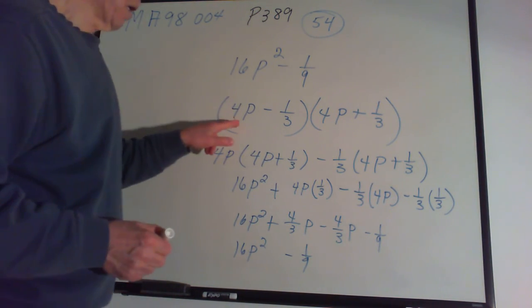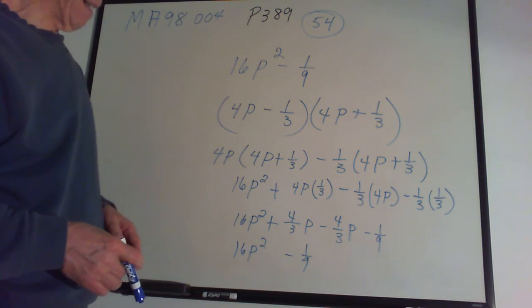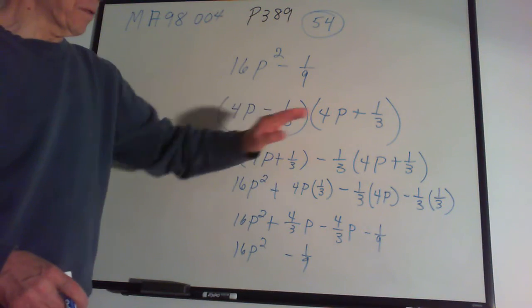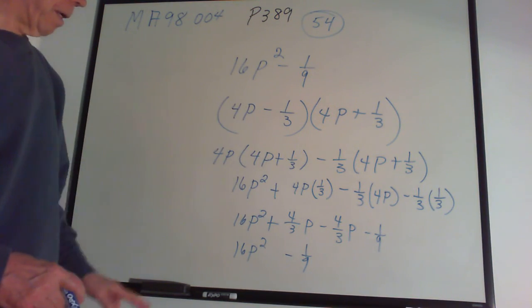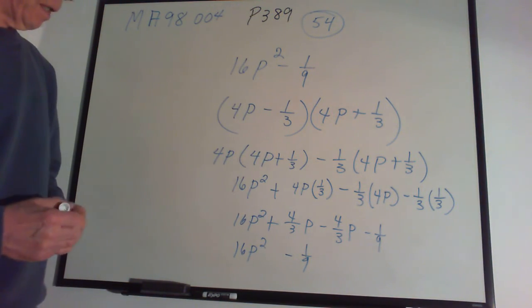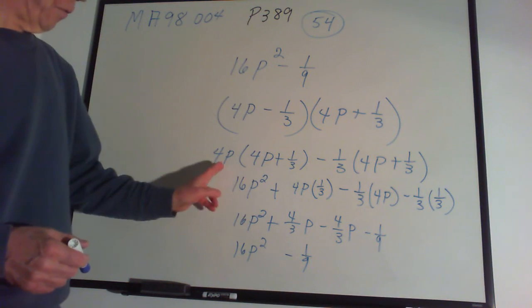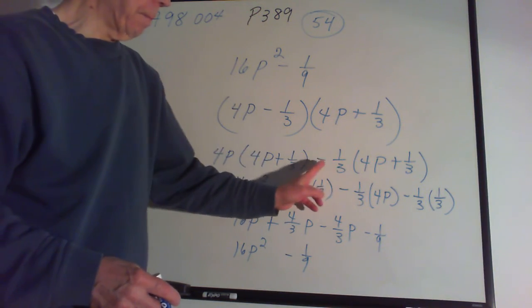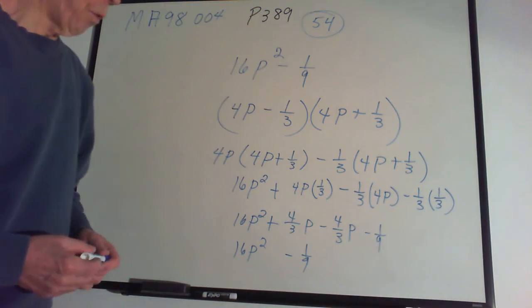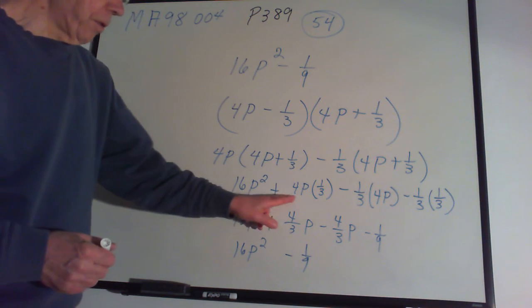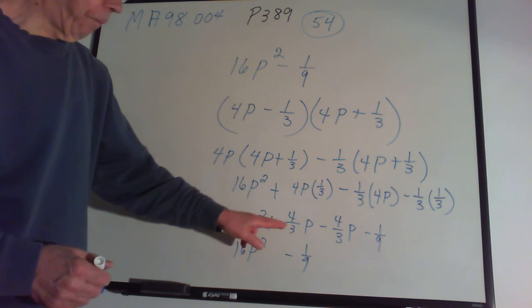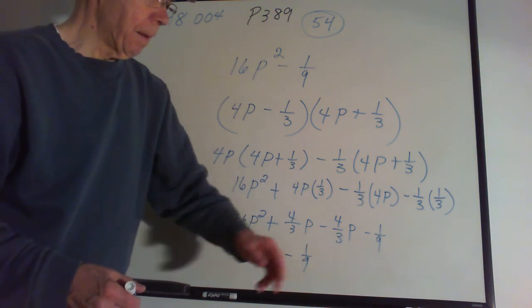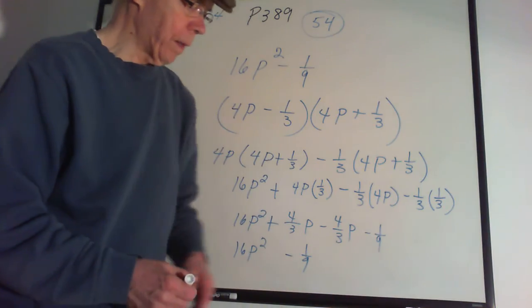All right, so this tells me the same thing. It's a mathematical sentence. It tells me multiply what's inside the second parentheses by 4p, and what's in the second parentheses by minus 1/3. 4p times 4p is 16p squared, plus 4p times 1/3, minus 1/3 times 4p, minus 1/3 times 1/3. So this is going to give me 4/3 p minus 4/3 p minus 1/9.